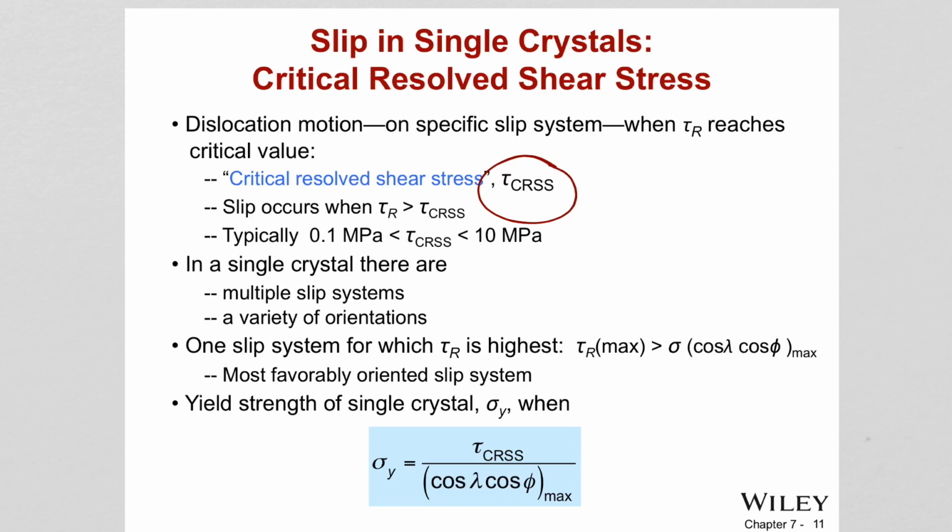So we go from elastic to plastic because we reached a certain value of shear stress and the dislocation can now move. That means the yielding is happening, and yield strengths of materials are different. So the critical resolved shear stress necessary for the dislocations to move is going to be different for different materials, and it is in the range of 0.1 to 10 megapascal.